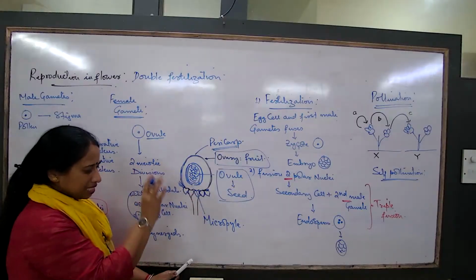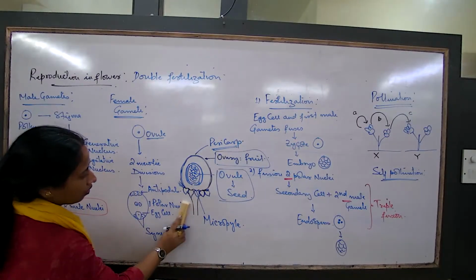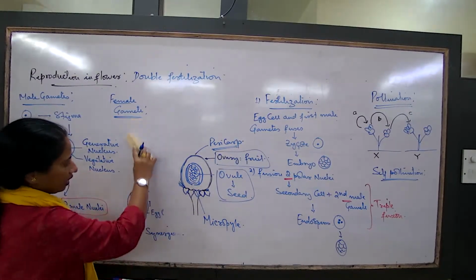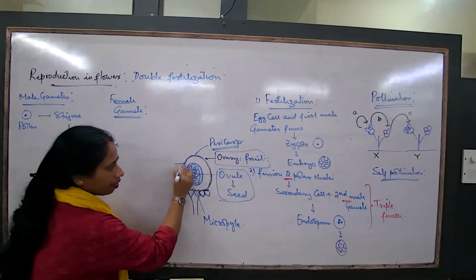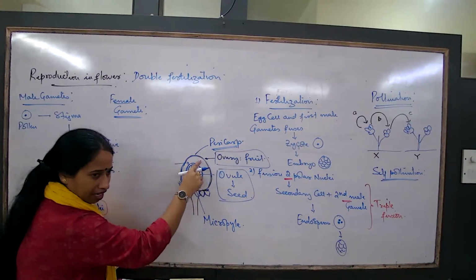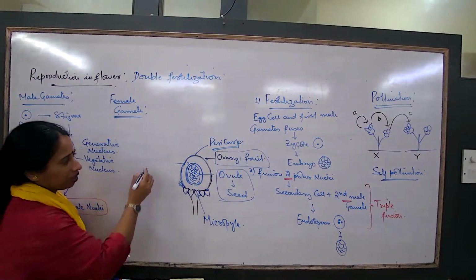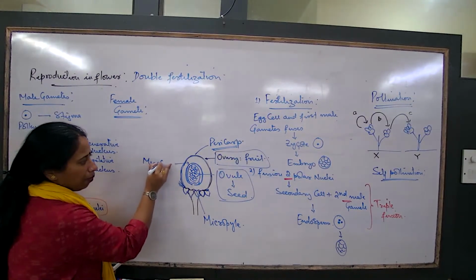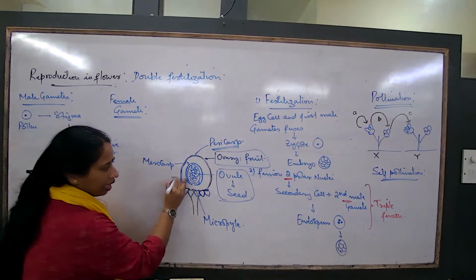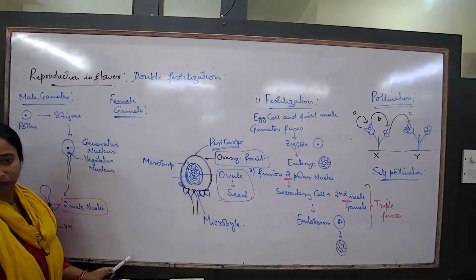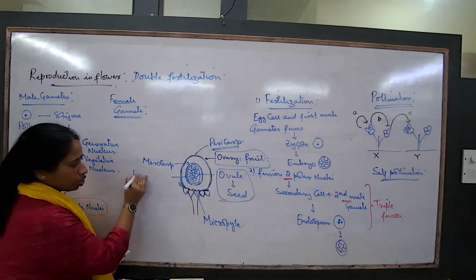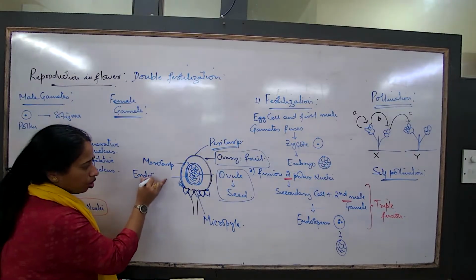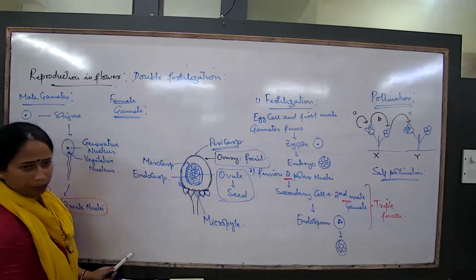The layers would be something like this. The outermost layer is the pericarp, the middle fleshy layer in most of the edible fruits is known as the mesocarp, and the innermost layer, the protective covering of the seed, is known as the seed coat or the endocarp.